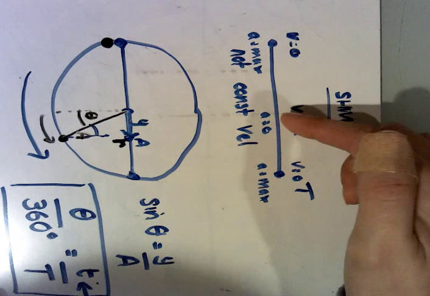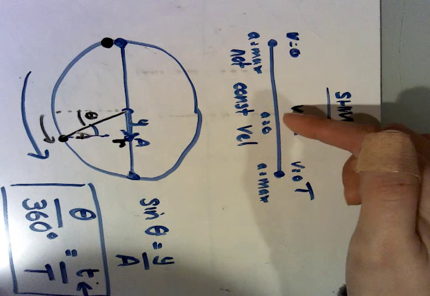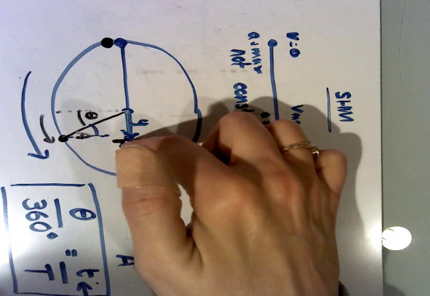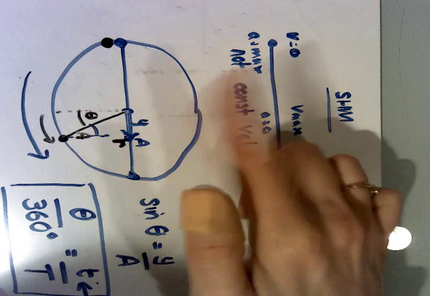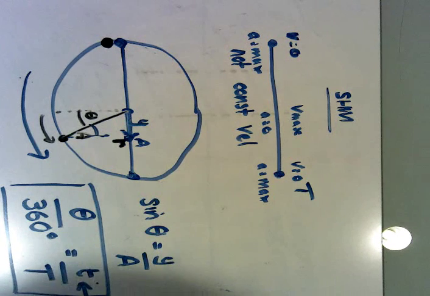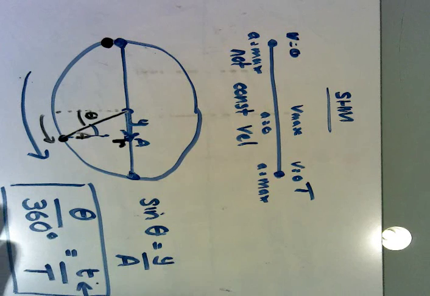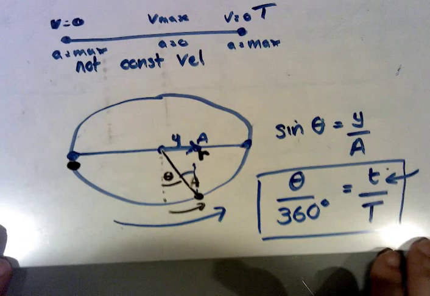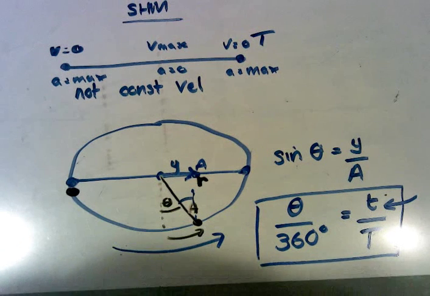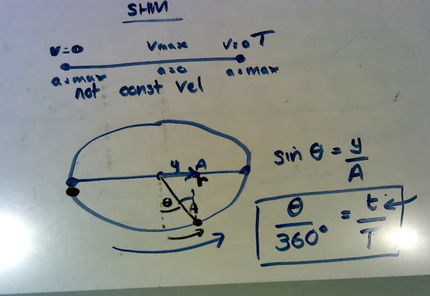Here's your equilibrium position. Okay, so this one you'd be moving a certain distance below equilibrium. Okay, and so that's, I guess, the basis of what we're going to use our reference circle for.